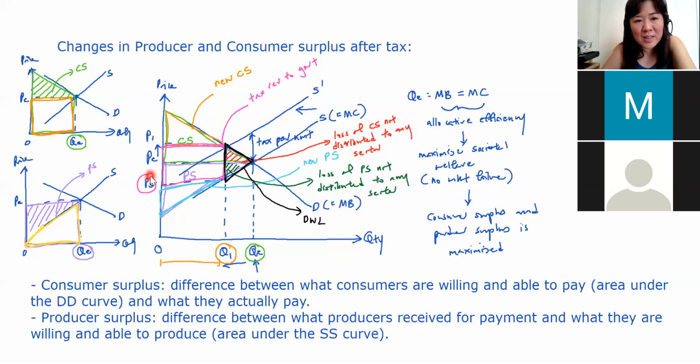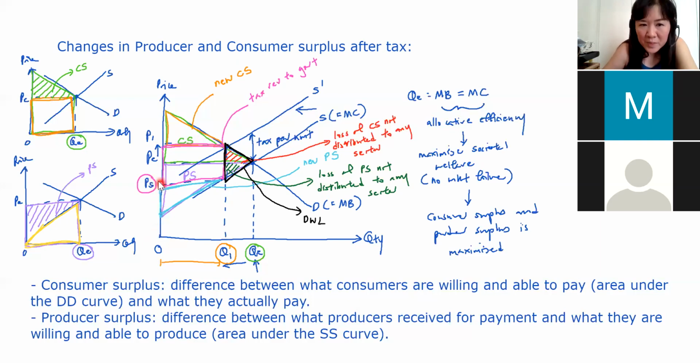Why is it that the amount received by the producer is now PS? Because even though the producers are charging a price of P1, do they actually get to keep P1? They don't. Out of this P1 times Q1 that they receive from the consumers for this Q1 quantity of goods sold, this pink area goes to the government in the form of taxes. So what the producers get to keep is only PS, this vertical distance.